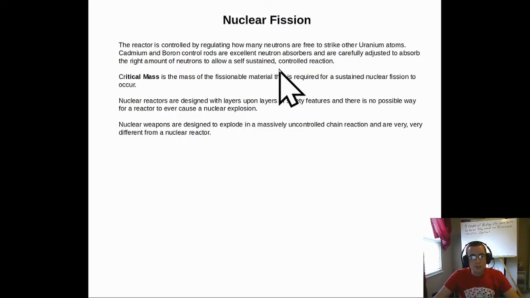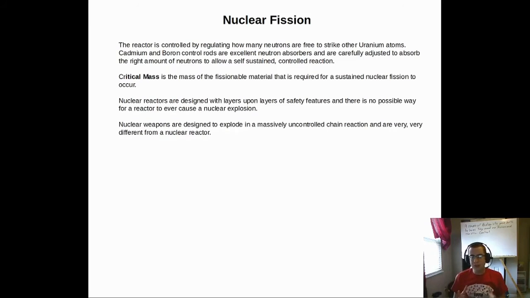So that says what I was saying before. Then critical mass. So that is the minimum amount of stuff that we need to sustain a nuclear fission reaction. You can't just get a little bit of uranium, throw it in a reactor and say, okay, that'll react all the way.